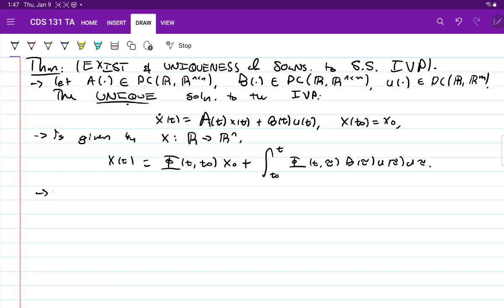Okay? And this has phi as the state transition matrix with respect to A.